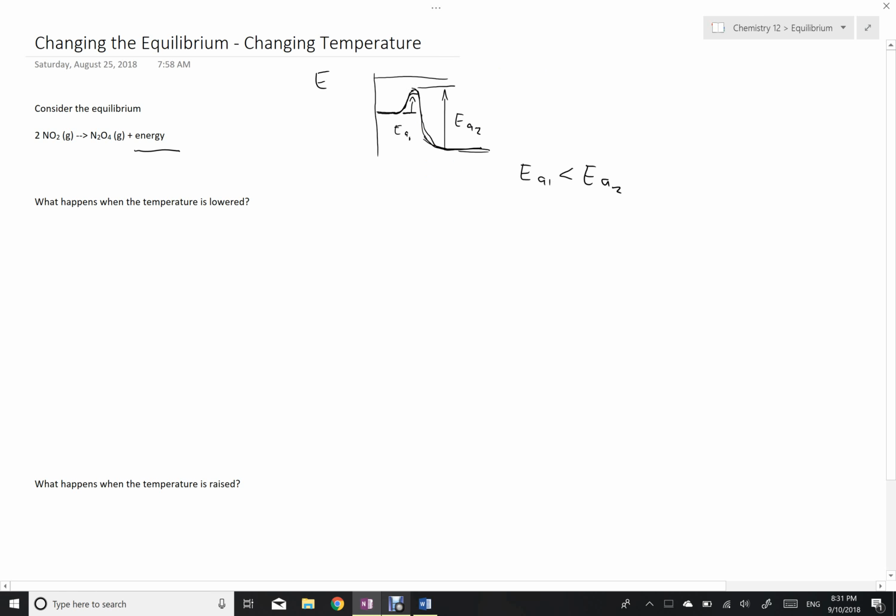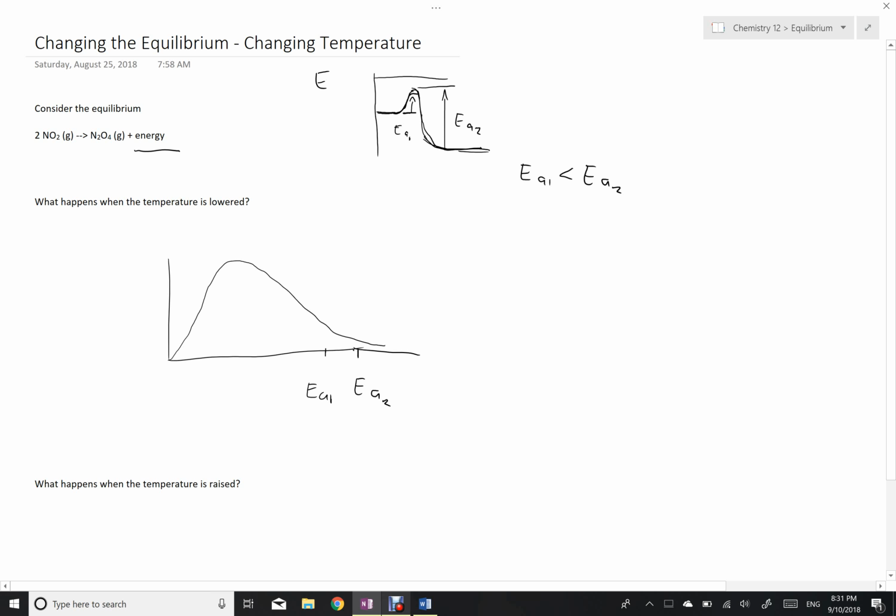Now, we're also going to consider our Maxwell-Boltzmann distribution. Let's say that our original temperature left us with a Boltzmann distribution that looks like this. And let's just pretend, for the sake of argument, that the activation energy of the reverse reaction was way up here, EA2, where the activation energy of the forward reaction is somewhere down here, EA1.